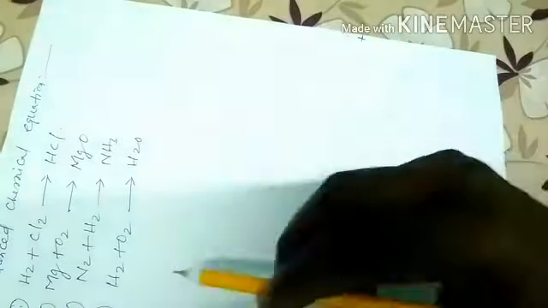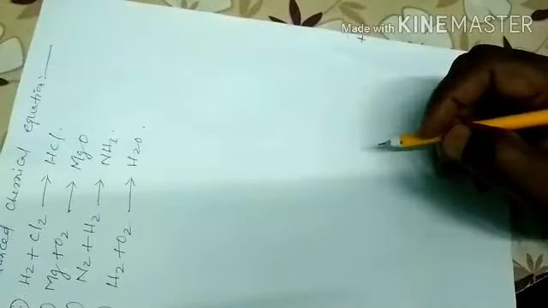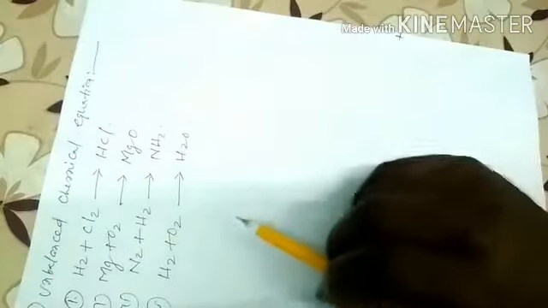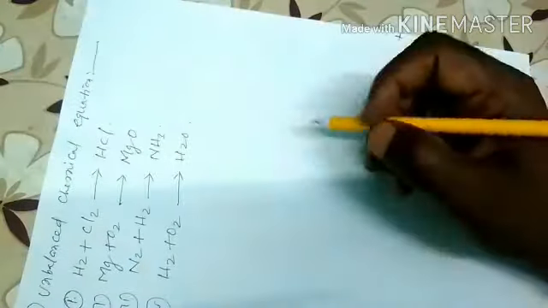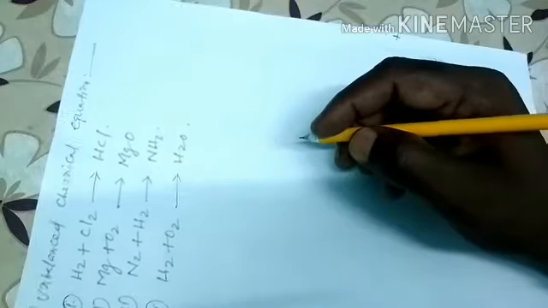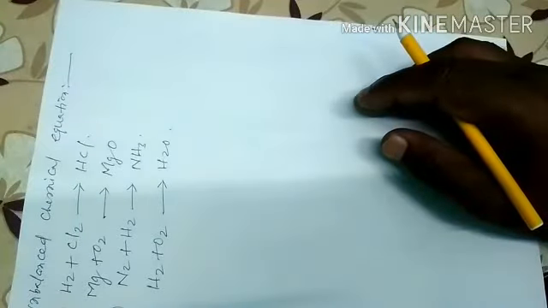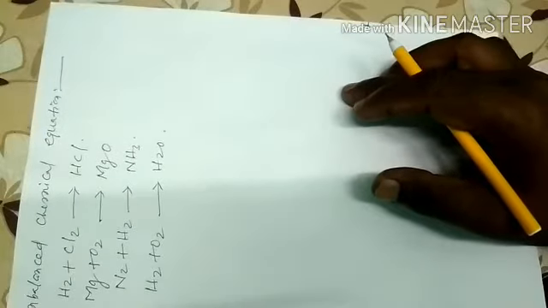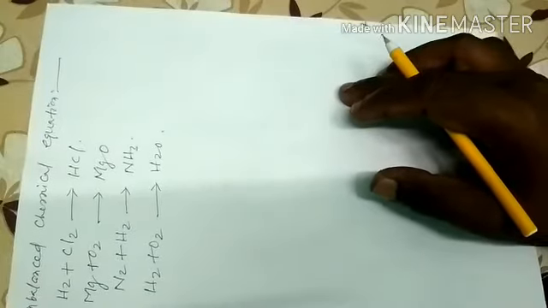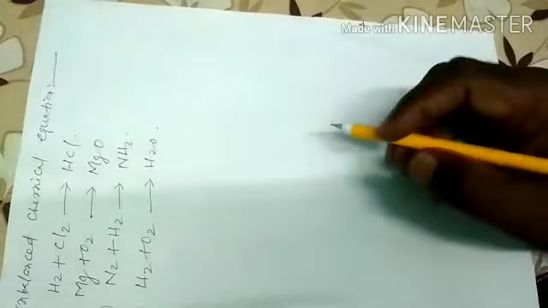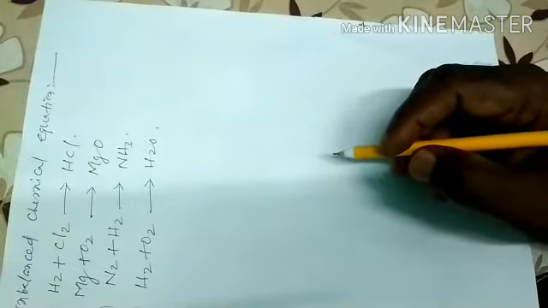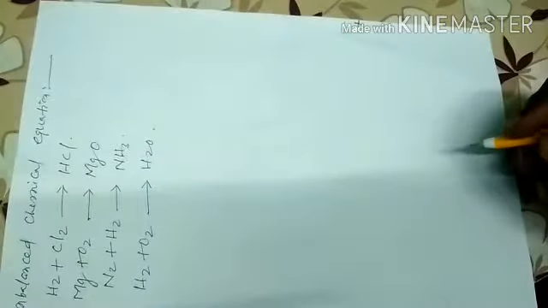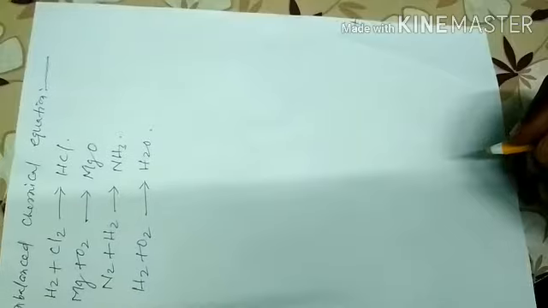With the help of all these four examples, we come to the conclusion that in each of the above examples, the number of atoms of each element in the reactant is not equal to the number of atoms of each element in the product. So these are all examples of unbalanced chemical equations.